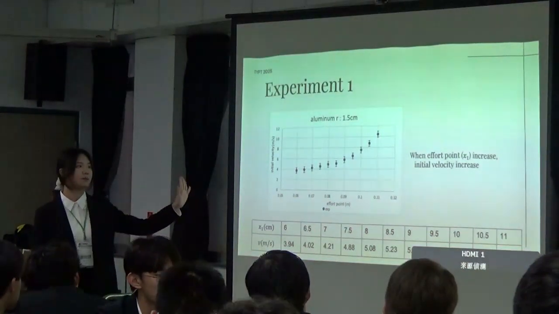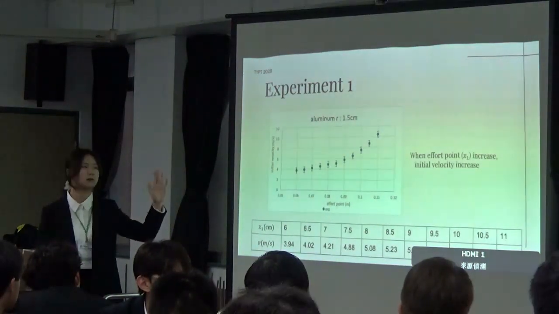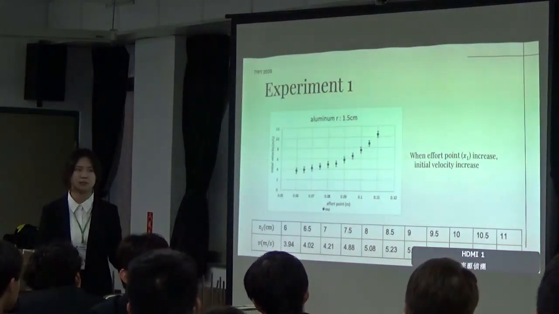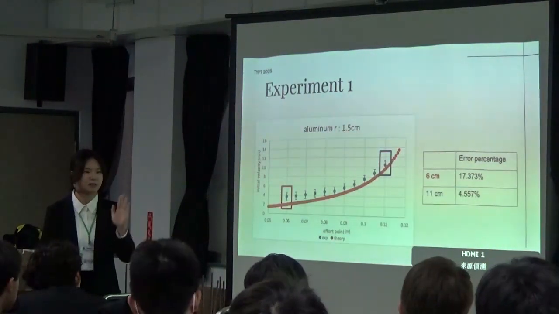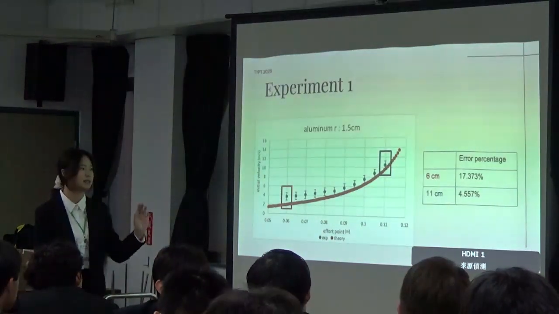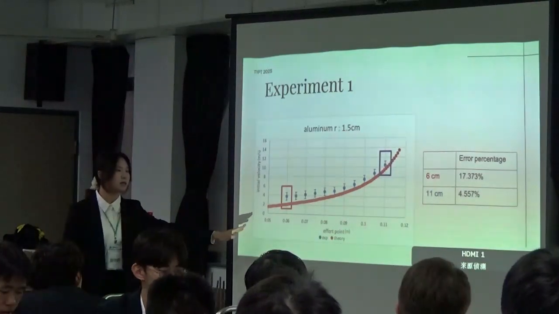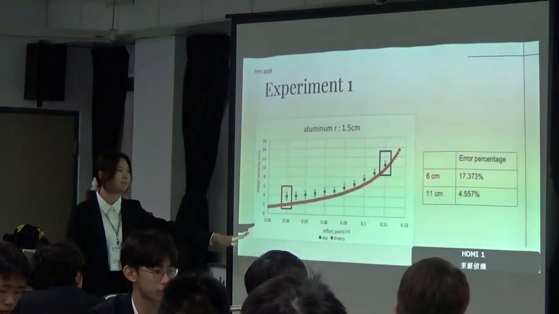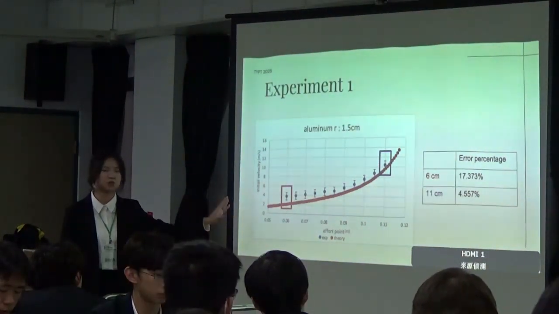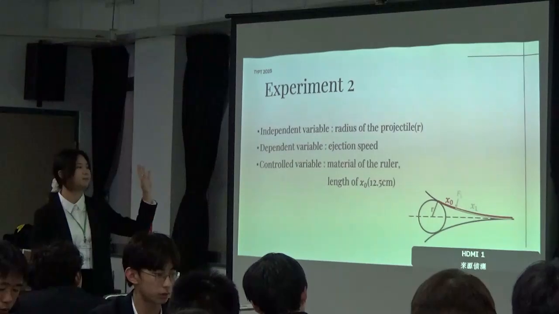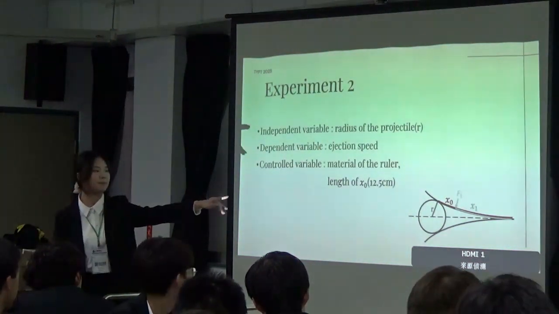We can see from my experiment data that when the x1 increases, the initial velocity also increases. And this is a comparison between the experimental data and theoretical data. We can see that if the x1 is smaller, the error percentage will be bigger. And this part I will explain in my discussion 1. For experiment 2, the thing that changes is the radius of the projectile, which is the arc length.